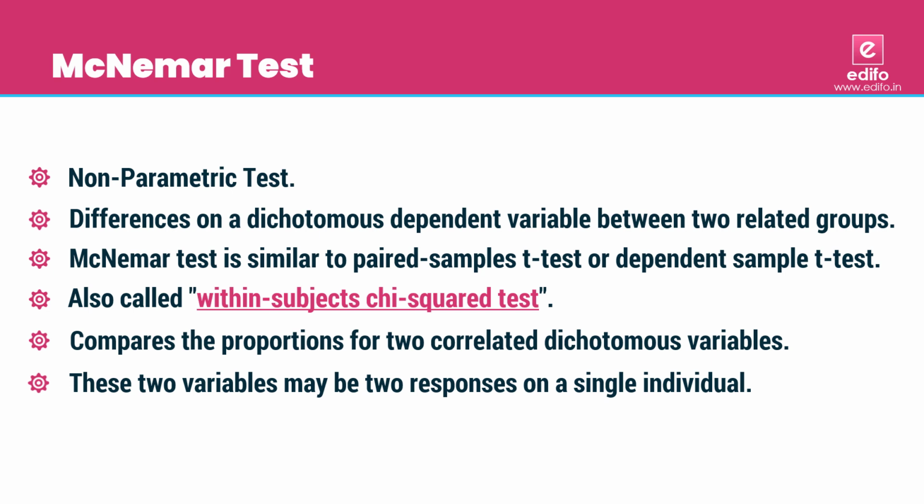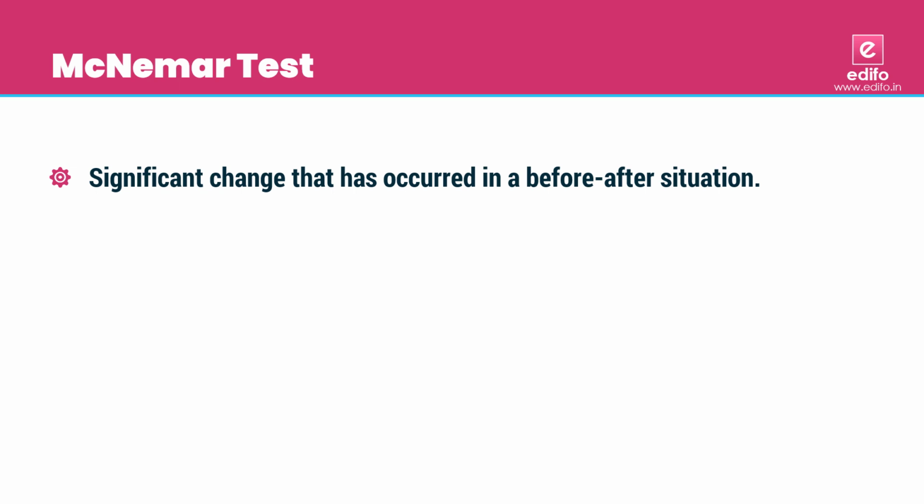We use McNemar test for the purpose of analyzing significant change that has occurred in a before-after situation where data is obtained in both situations from the same respondents. That means we are collecting data before the advertisement and after the advertisement from the same person, using the same questionnaire.